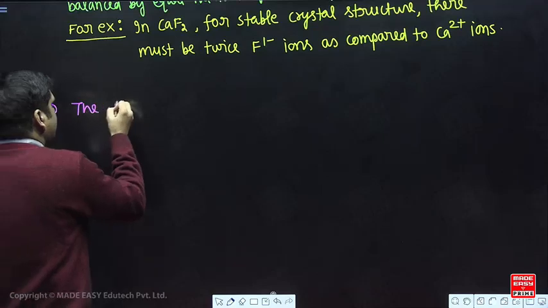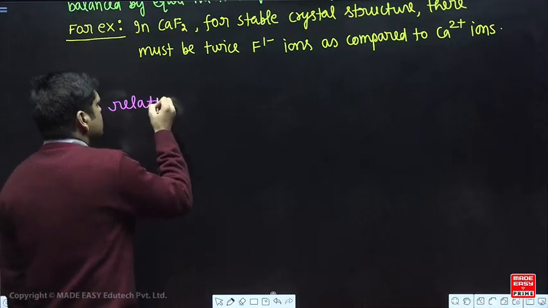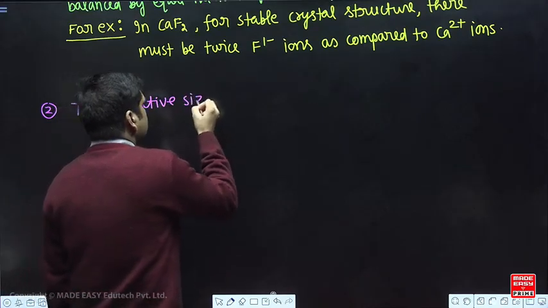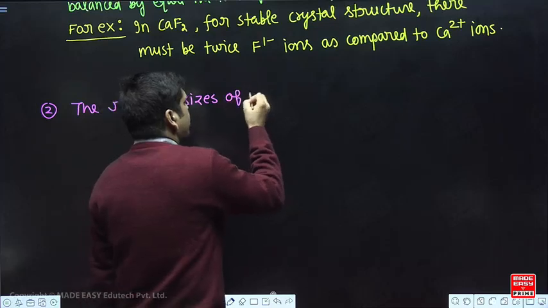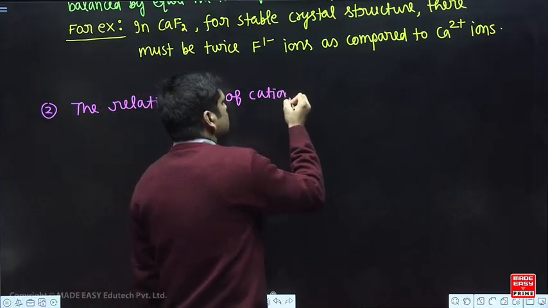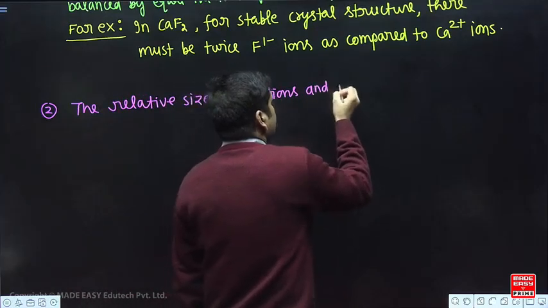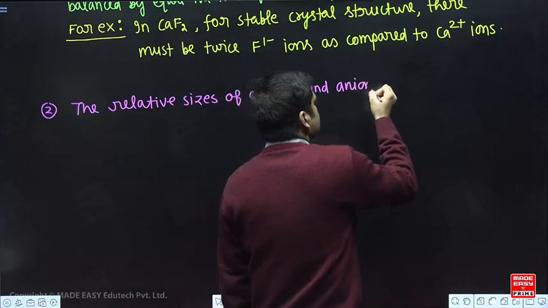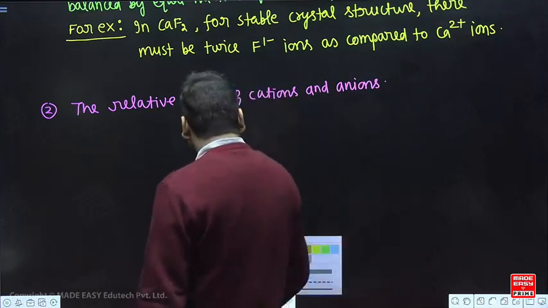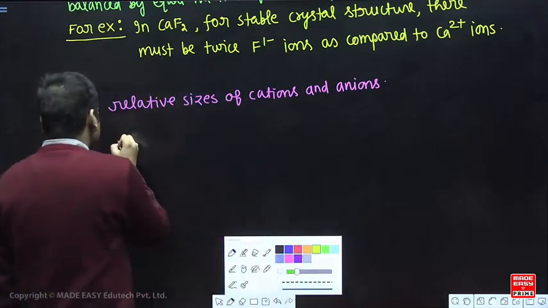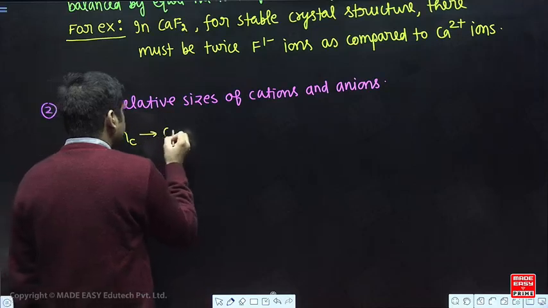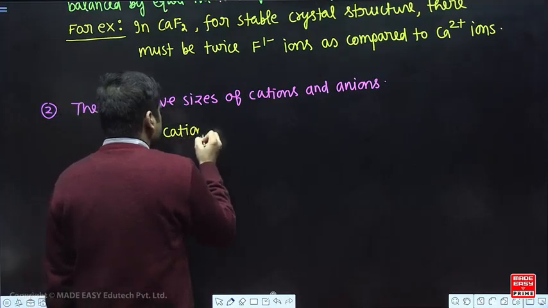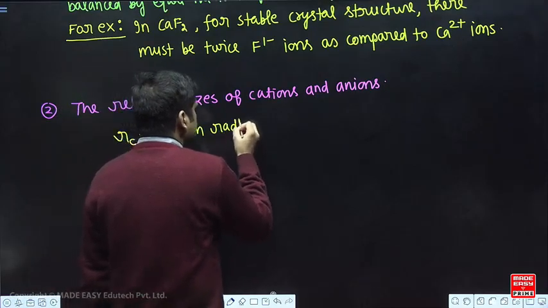The relative sizes of cations and anions. Rc is the cation radius.